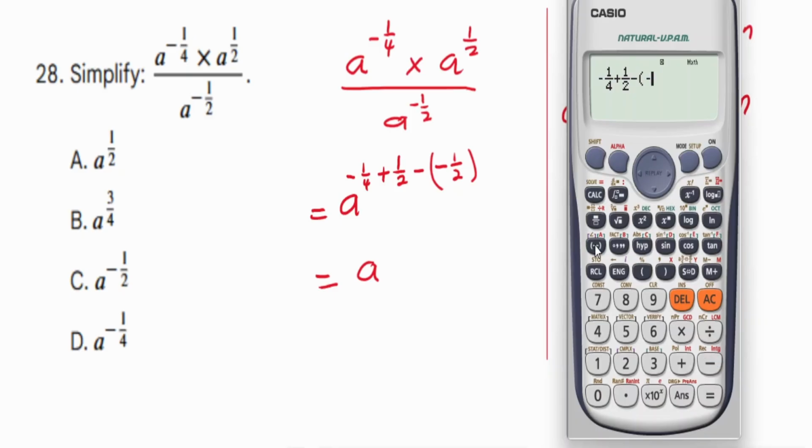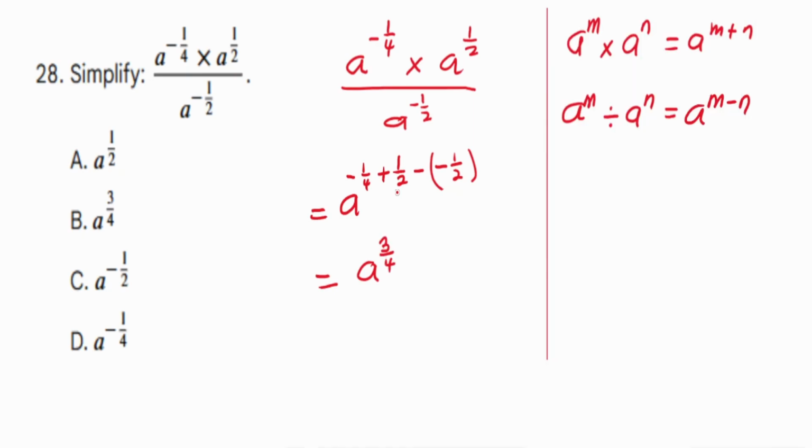There's a difference between the minus and the negative, so be sure to use the one in the parentheses for negative and the minus for the operation. 1/2. Then let's remember to close the parentheses, and then we hit equals, and that is 3/4. So a exponent 3/4, and looking through, that is option B.